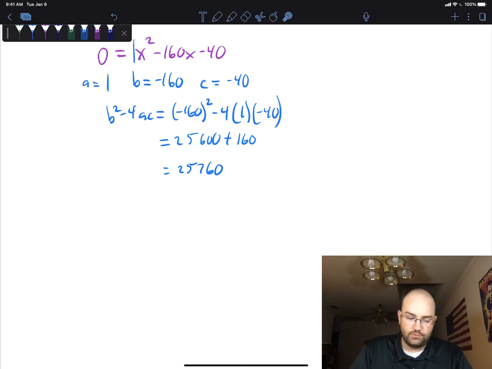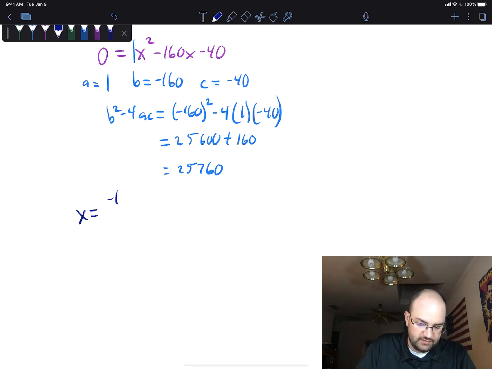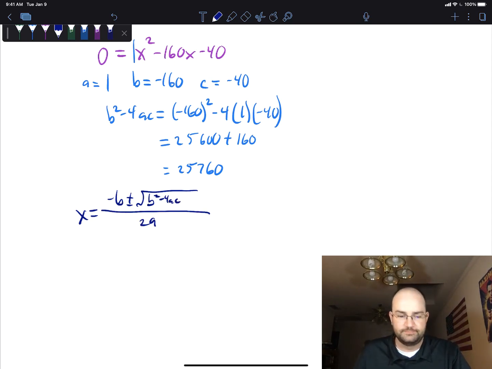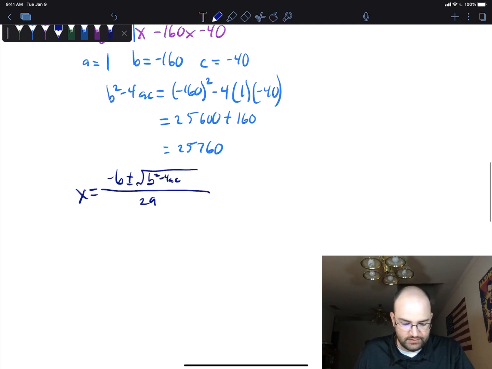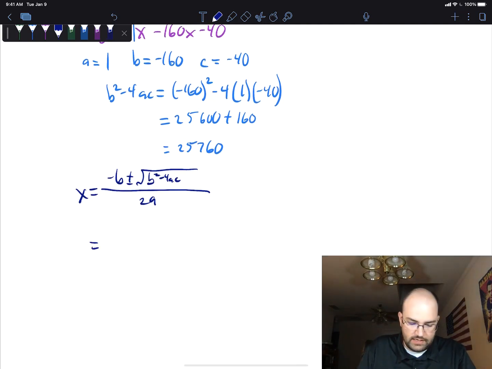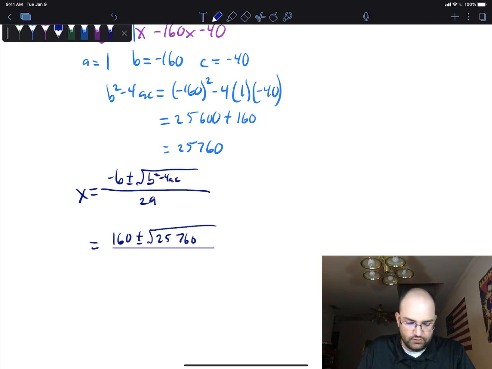But now that we know that, we can go ahead and do the quadratic formula. x equals negative b plus or minus the square root of b squared minus 4ac all over 2a. Awesome. So let's plug everything in. Negative b means positive 160 plus or minus the square root of 25,760 all over 2 times 1, which is 2.